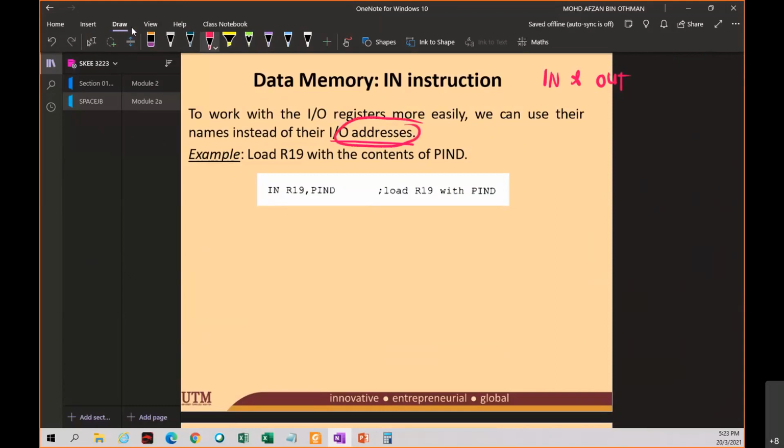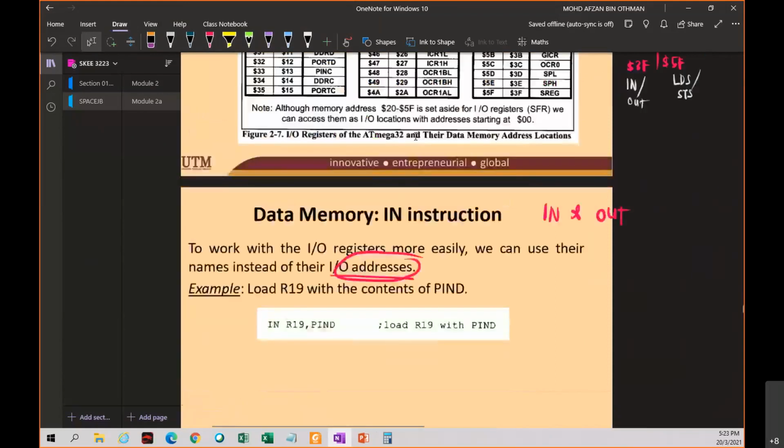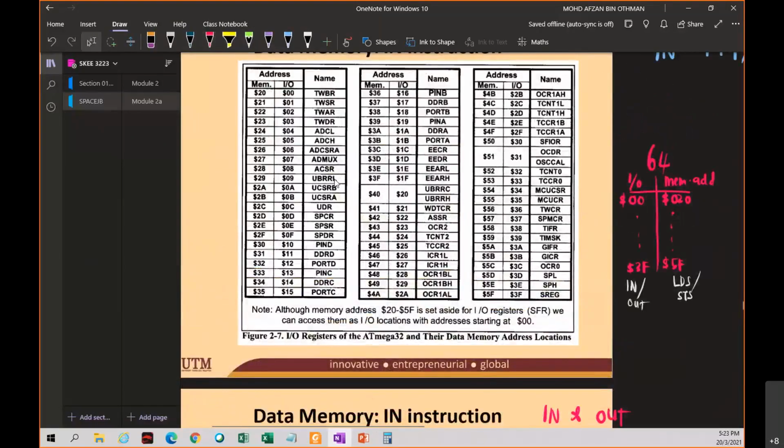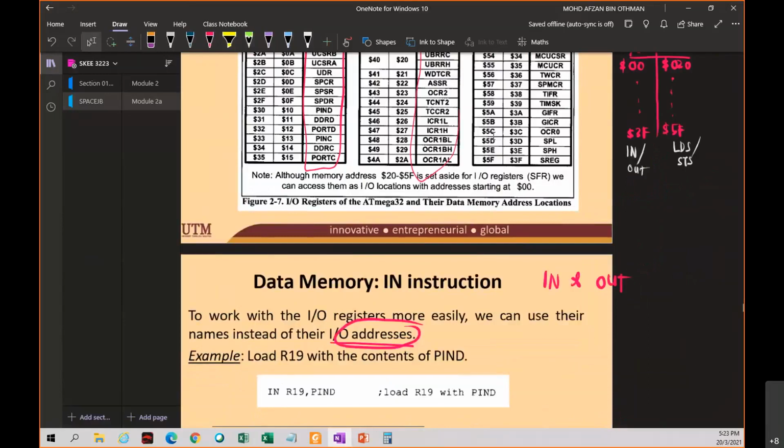Kita boleh pakai je dia punya nama, more than enough. Tapi untuk memory address, kamu tak boleh guna nama dia. Kamu kena pakai dia punya address value. So that is the difference between in and out instructions with LDS, STS instructions.